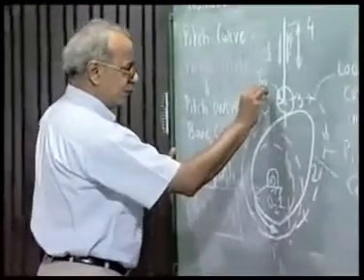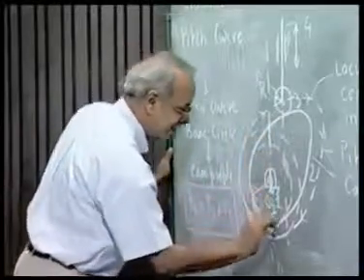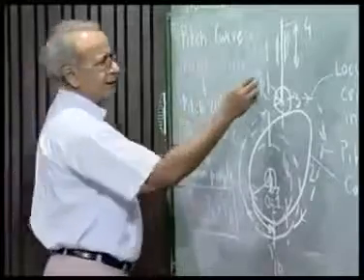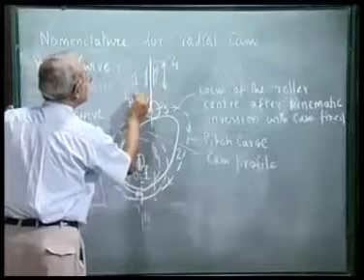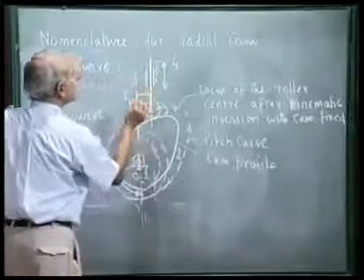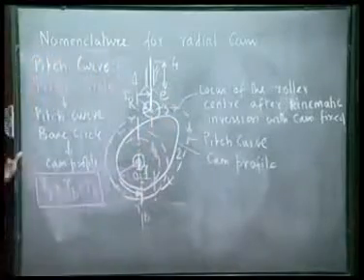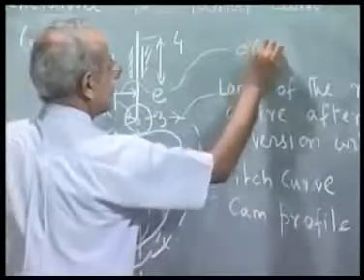We have already defined that if we draw this vertical line through the camshaft axis and this is the line of reciprocation of the follower, then this distance we called offset and denote by the symbol E. E is what we called offset.